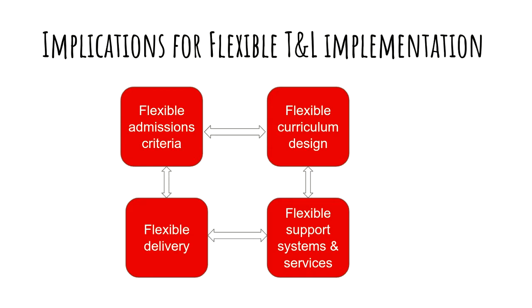In their case, it's through Blackboard, and they record a lot of screencasts, and they offer other ways of supporting the students. But flexible support systems also mean that these students are mostly going to study at night and on weekends, when, for example, our library is closed and our IT support is non-existent. So how do you create flexible support systems for these kinds of students? All of these things are really important to consider.